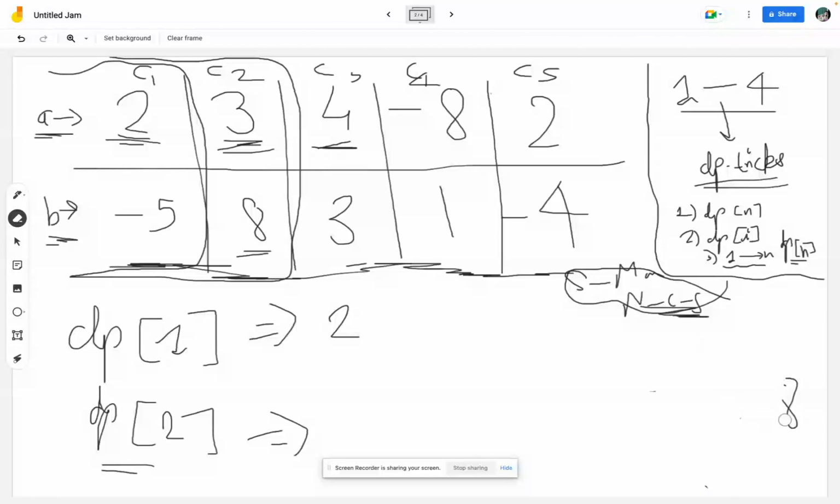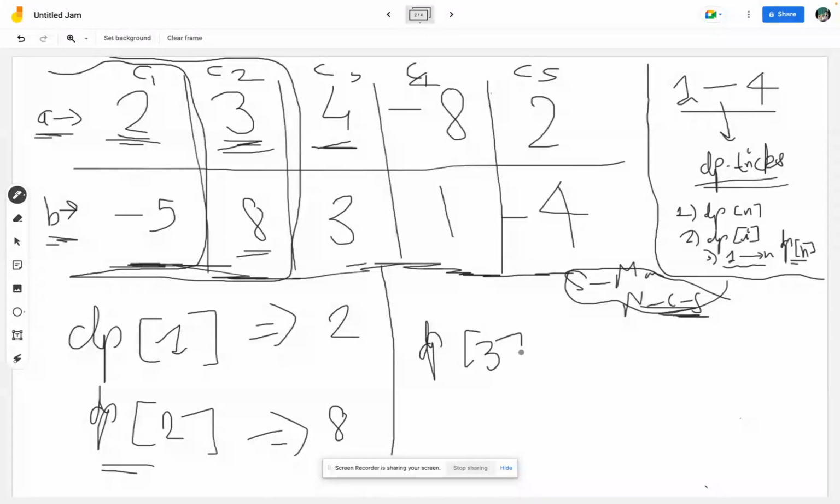You know now why I'm calculating dp 1, 2, 3 on my own, so I can see some pattern. Once I see the pattern, I will make the formula and I will be done. So for dp of 2, the answer is 8. Now let's talk about dp of 3.